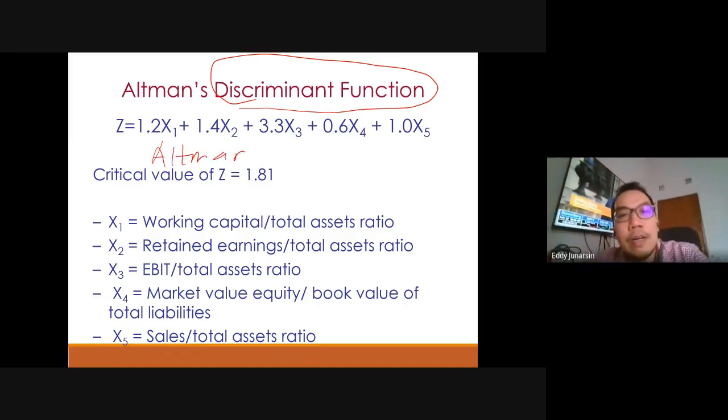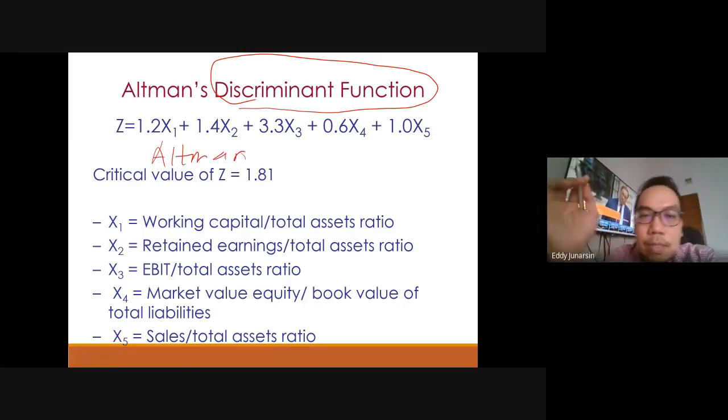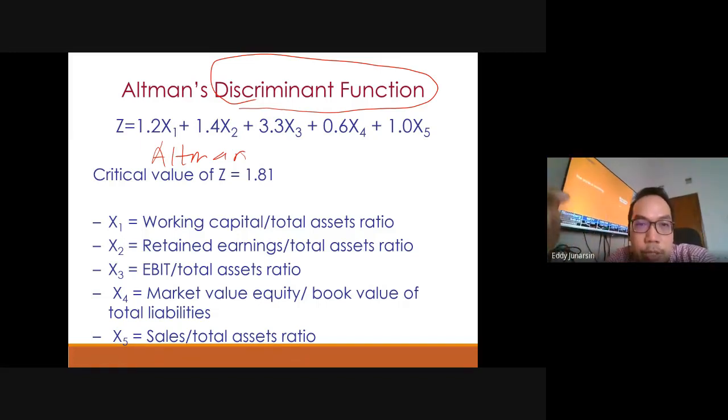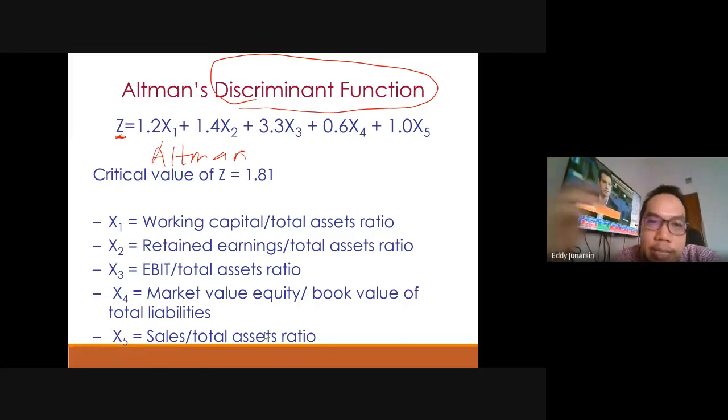Altman, since the 1960s, has conducted research on this, and the score is called Z. So we name it the Altman Z score. Right? So we call it Z score, this is a simple form. And based on his discriminant analysis, he found that there were at least 5 variables here.